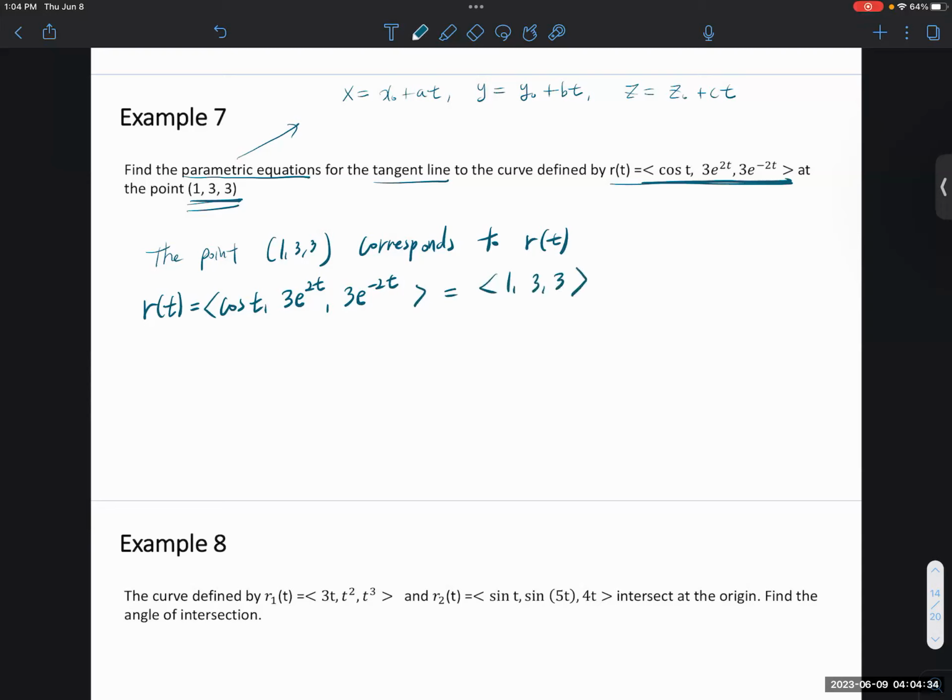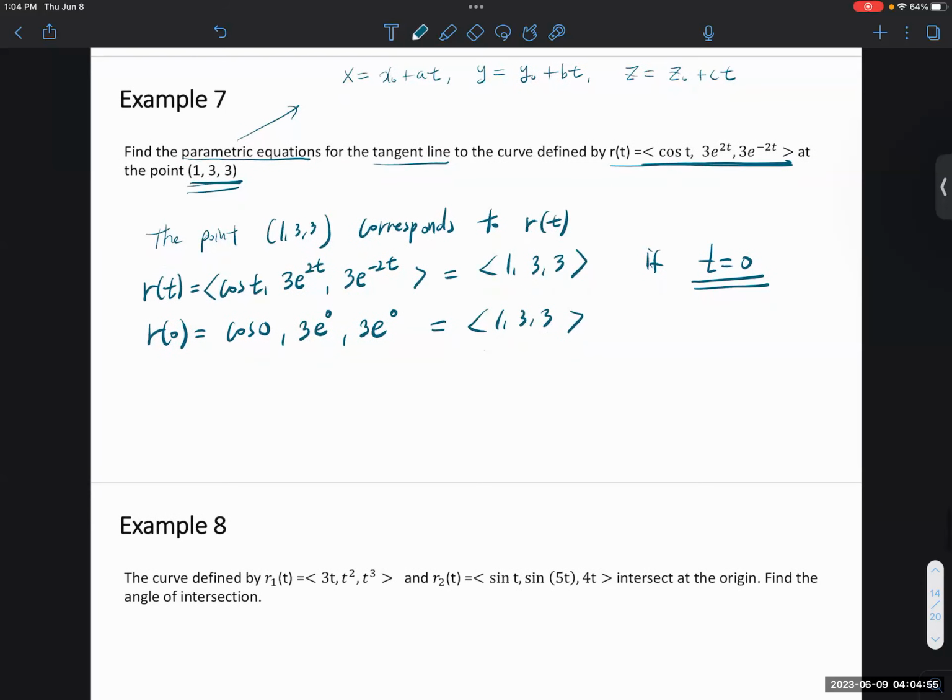And think about it: if t equals 0, r(0) is cosine 0, 3e to the 0, 3e to the 0, exactly 1, 3, 3. So this happens when t equals 0. We just found that t equal to 0 corresponds to the point.